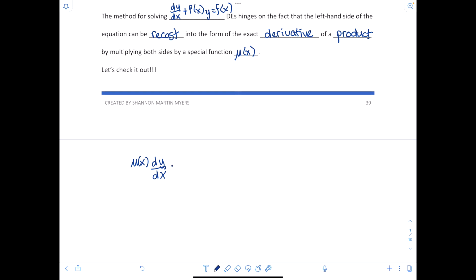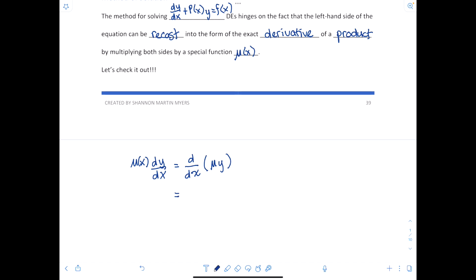If I rewrite this a little bit, because y is a function of x as well, this would also be equivalent to the derivative with respect to x of this product of mu times y. Both are functions of x.